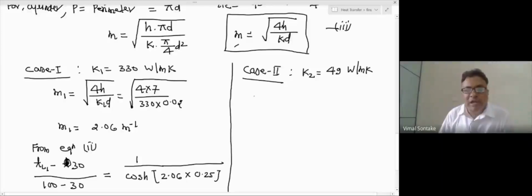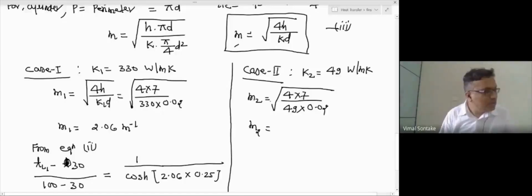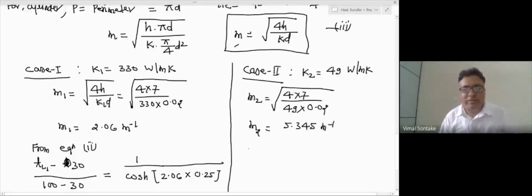So now I can calculate M2 as the square root of 4 into 7 over 49 into 0.02. So the M2 value for copper, I could get this value as 5.345 per meter.